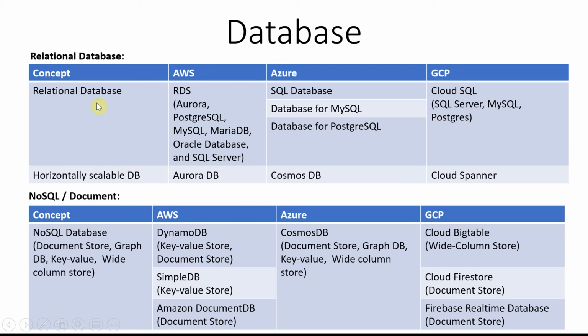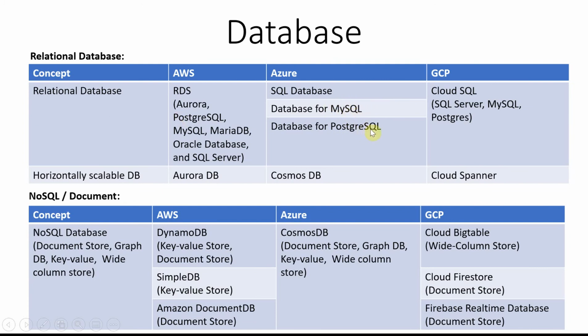Then these are all common databases, but what if you are looking for horizontally scalable relational DBs? With all these, MySQL, Postgres, or others, there will be some limitations, because the software is not owned by the cloud vendors.